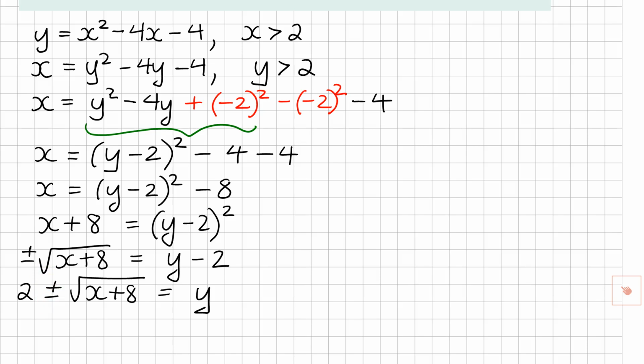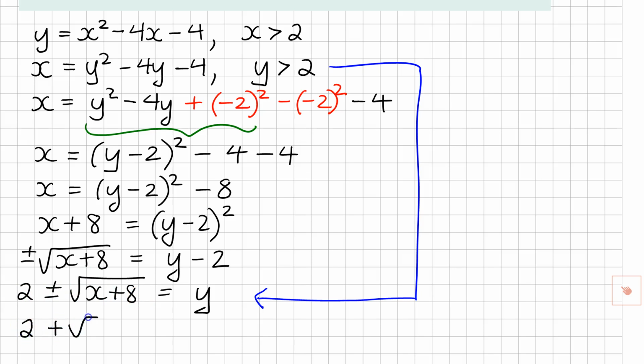Well, if we go back up and look at our equation, we can see up here at the top that our y's have to be greater than 2. So the only way that our y's will be greater than 2, if we're adding and subtracting from 2, will be if the square root of x plus 8 is positive. So that tells us that we need to go with 2 plus the square root of x plus 8 to give us y.